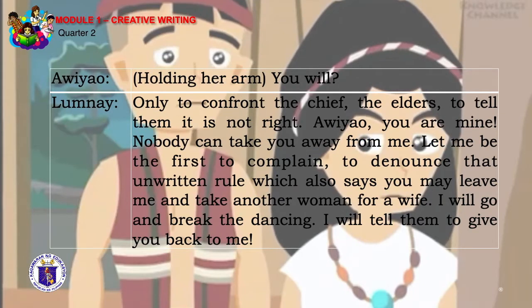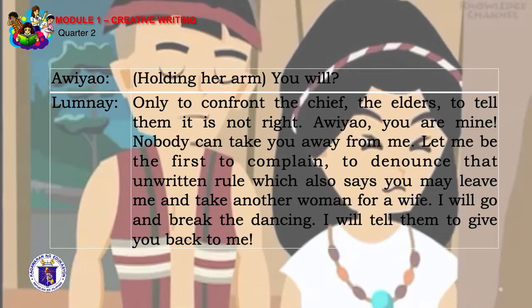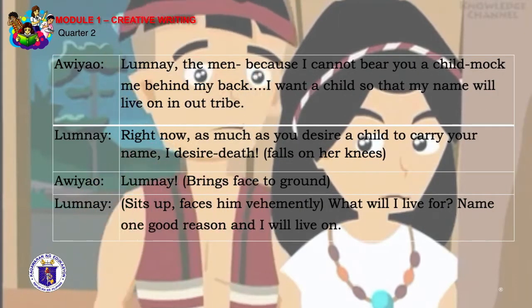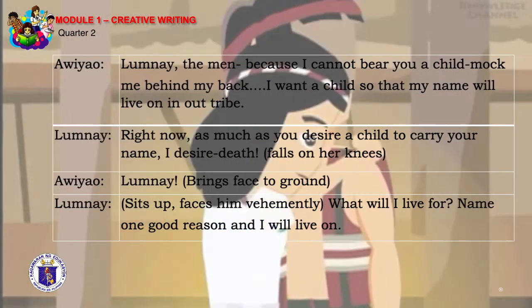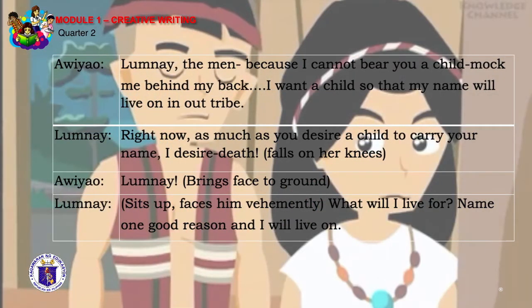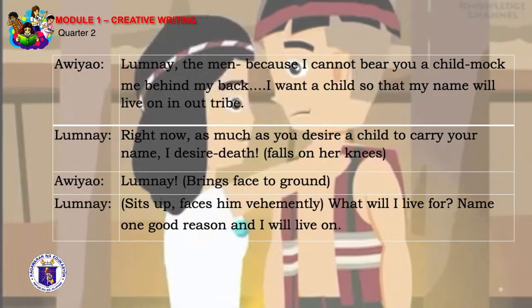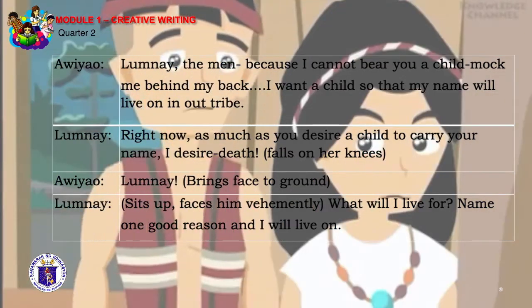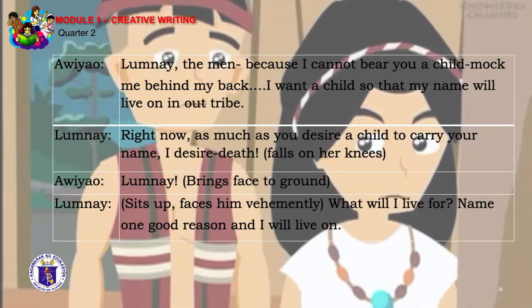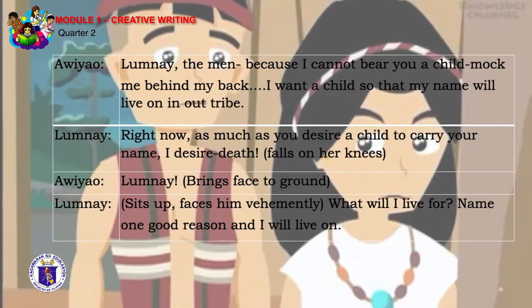I will go and break the dancing. I will tell them to give you back to me. Lumnay, the men mock me behind my back because I cannot bear you a child. I wanted a child so that my name will live on. Right now, as much as you desire a child to carry your name, I desire death. Lumnay, what will I live for?